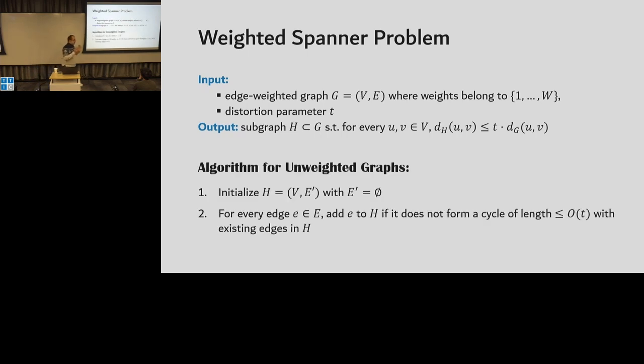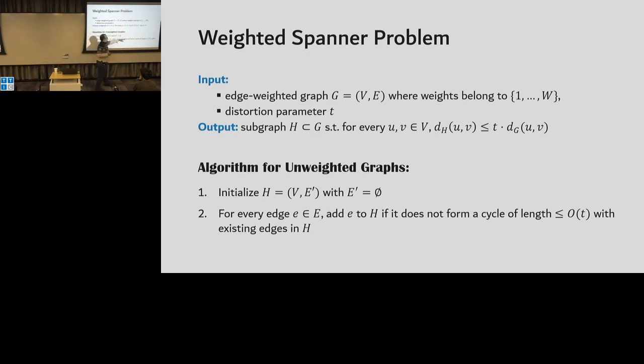Okay, so what's the simple algorithm? Let's consider the unweighted graph. For an unweighted graph, there's a very simple greedy algorithm. We start with an empty graph H, and then just start processing edges one by one. For each edge e that we receive, we check if adding e forms a cycle of length less than order t.